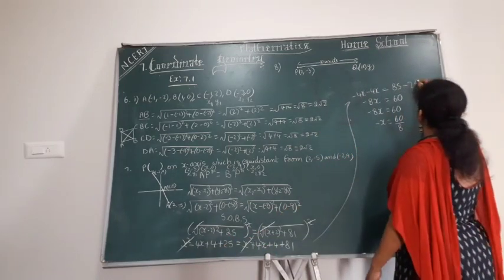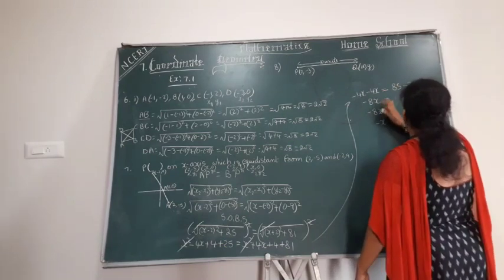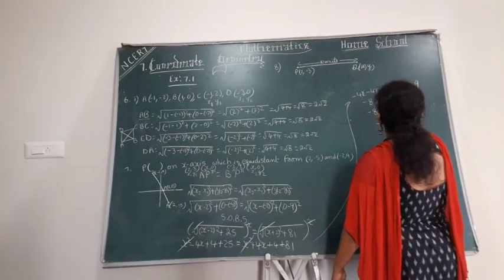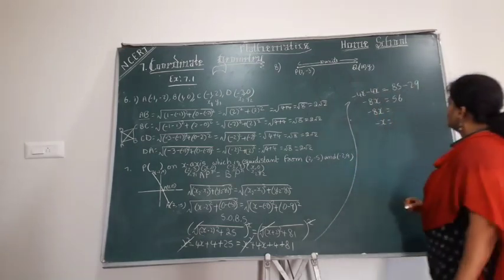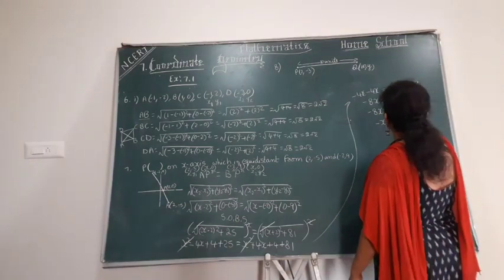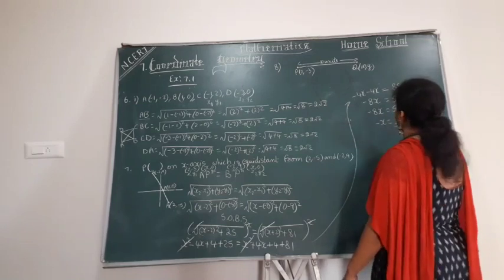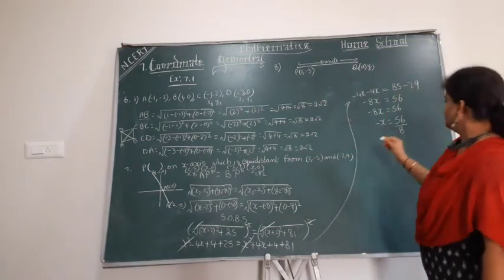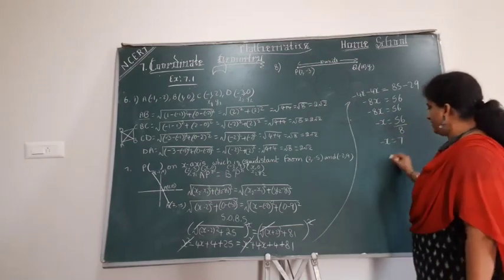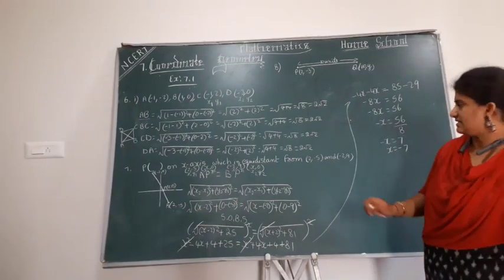So let's take 29, and 85 minus 29 will be 56. Just look over it. Now 56 divided by 8, 8 sevens are 56. So minus x is equal to 7, and shifting the sign, x is equal to minus 7.